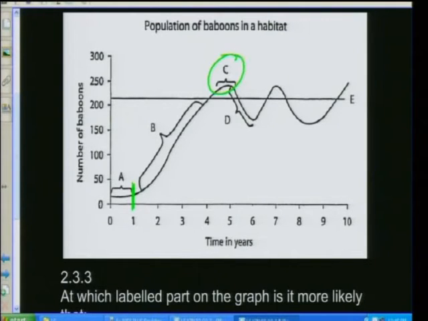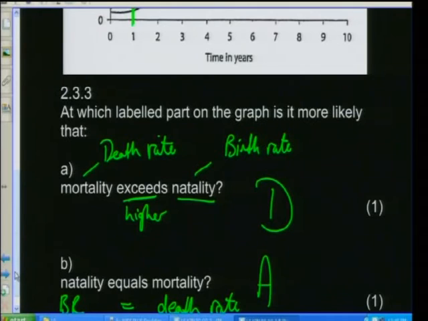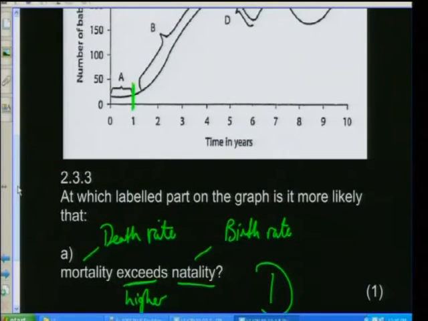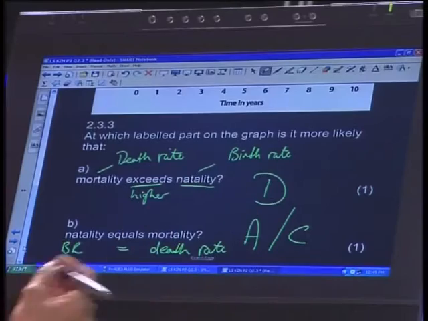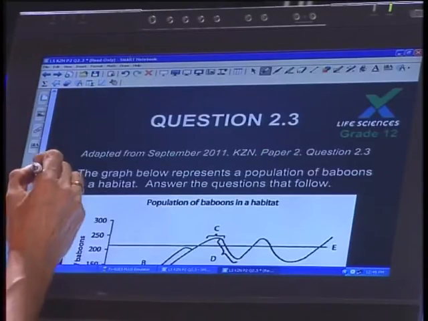Also at C. So it's A and C. And I don't think the examiners picked up on the fact that here, if you look at the graph, during A, there is no increase. There is no birth rate, there is no death rate. The females are pregnant. They're waiting to give birth. All right, so the answer here was A or C, and they would have had to accept both.